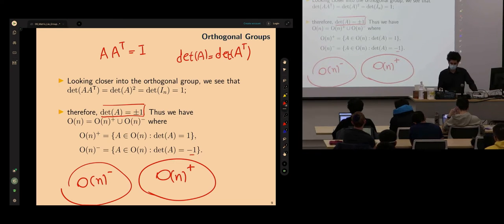Now, we know physically that these are rotations and these are reflections, using that somewhat advanced justification that the determinant is the volume of the subspace spanned by the columns of our transformation, and the negative sign will mirror the volume.